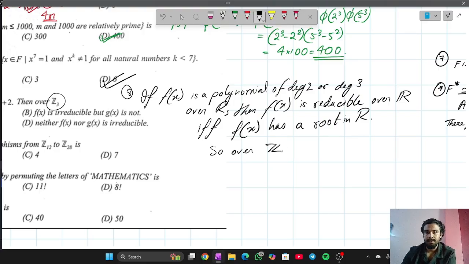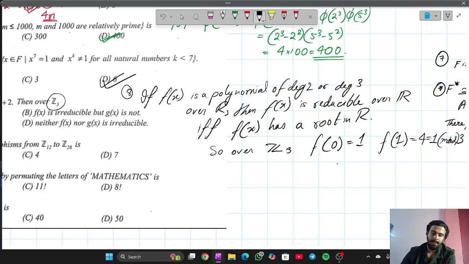Okay, so over Z3, f(0) equals 1, f(1) equals 4, which is equal to 1 mod 3, and f(2) is equal to 2 mod 3.